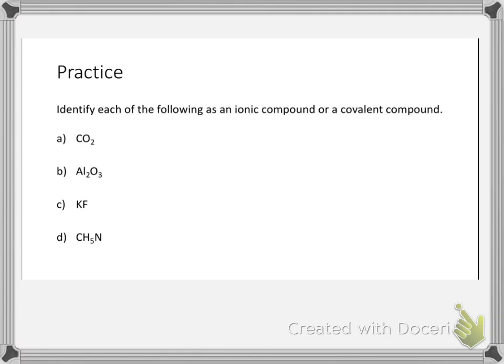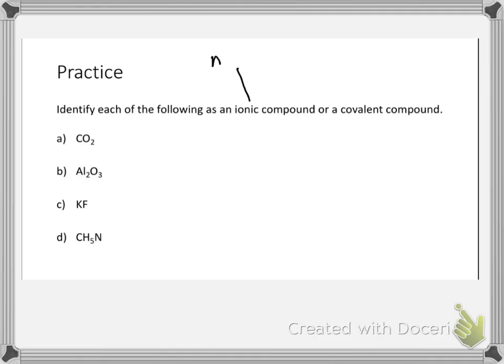So here's a practice, and I'd encourage you to pause. This little practice just helps us use the formula to decide if something's ionic or covalent. So just pause the video, try to answer it, and then you can start it again and hear my explanation. So what we're going to use when we're asked this type of question is what type of elements are involved.